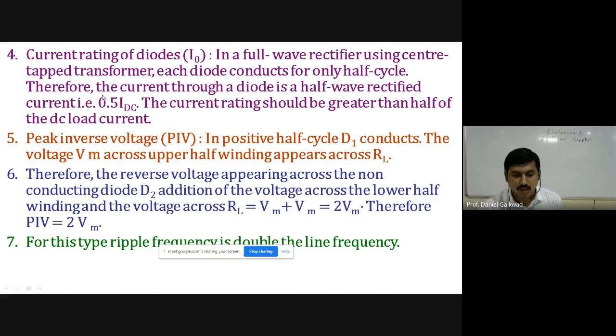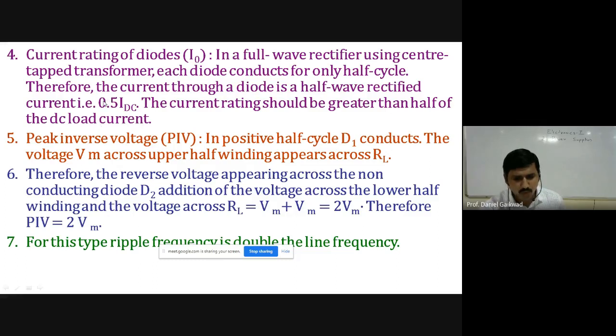So the current compared to the half wave rectifier is 0.5 times IDC. So this will be the current rating. The current rating should be greater than half of the DC load current. So only 0.5 times IDC will flow through each diode.